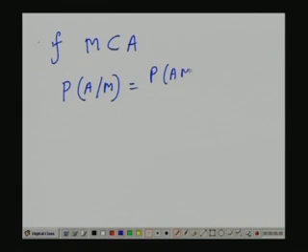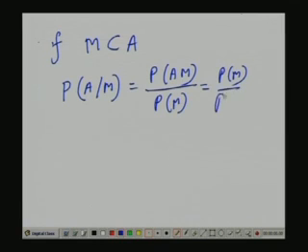We had this: the intersection between A and M in that case is M, and this is P(M) by P(M), which is 1. And obviously, if M is contained in A, then the fact that M has occurred itself means A has occurred. So, obviously, the probability is 1.